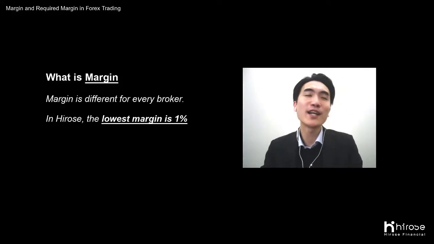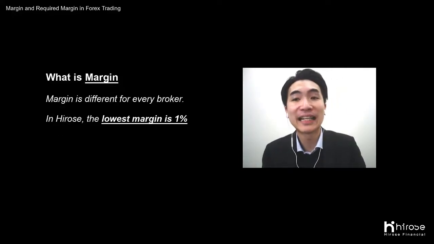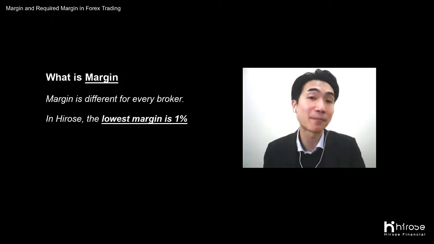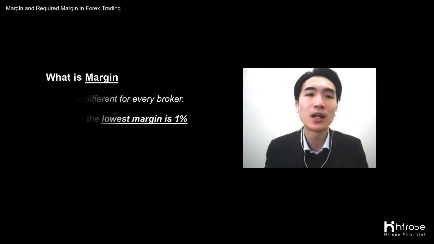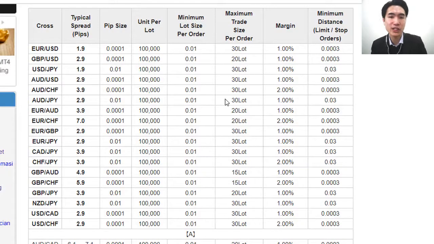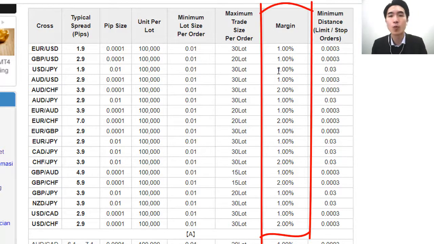So where do we find the exact percentage of the margin? You can head to this page, our homepage for Forex trading, and I posted a link in the description. Margin is different for every broker. For Hirose, we have a lowest margin of 1%.